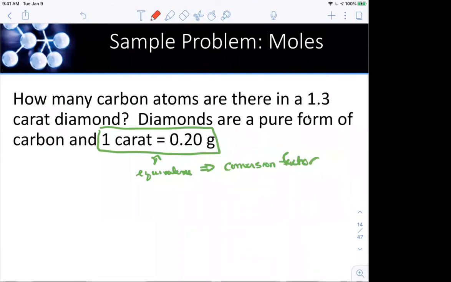I'm given a 1.3 carat diamond, which is actually carbon, because it says this is carbon.